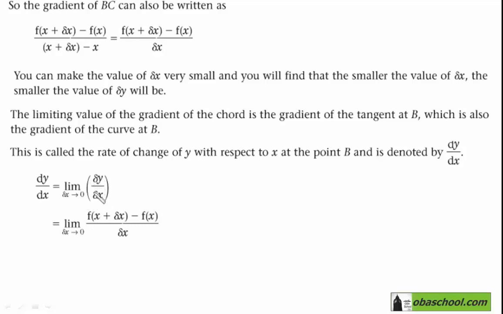By substituting the formula that we just found, it is the limit as delta x tends to 0 of f of x plus delta x minus f of x, all divided by delta x.